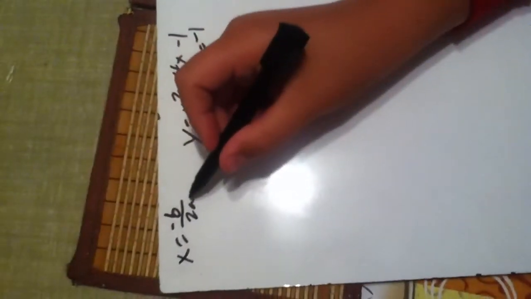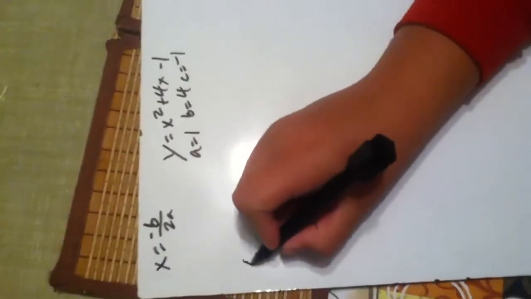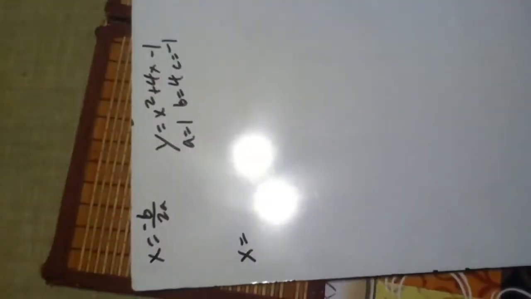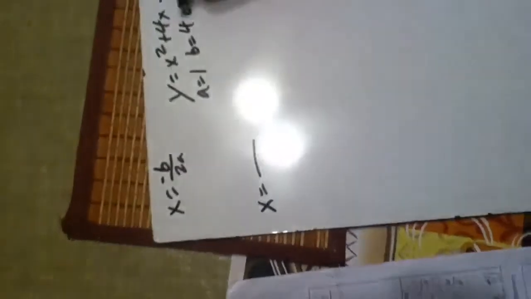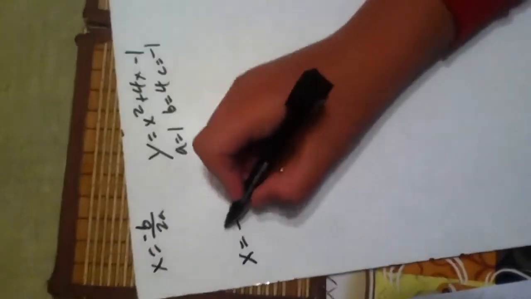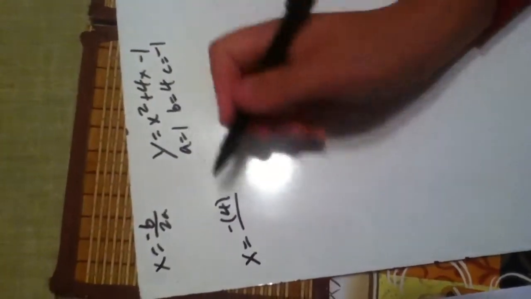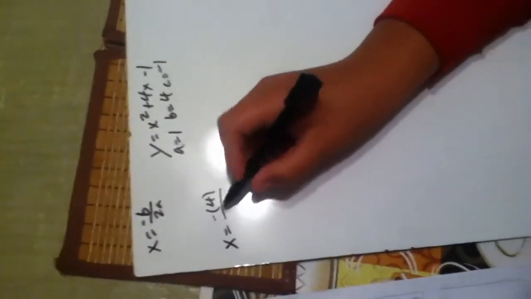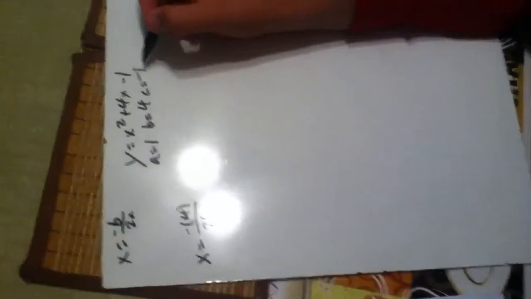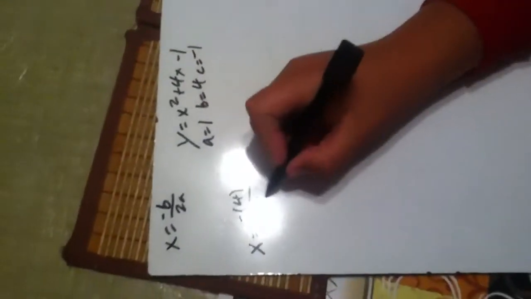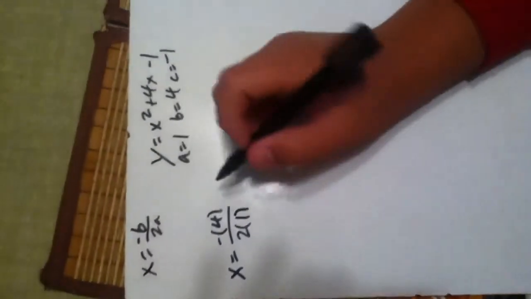Then we follow this, and we have to plug all the numbers in. So x equals, we're trying to find the axis of symmetry here. So x equals negative b, b is 4, so negative times 4, over 2 times a, which is 1, 2 times 1.